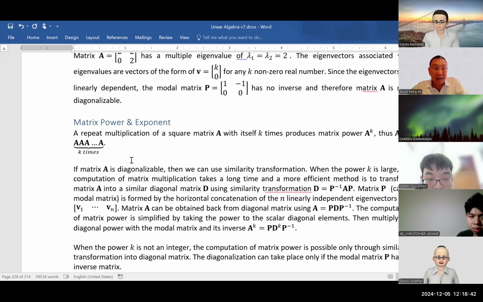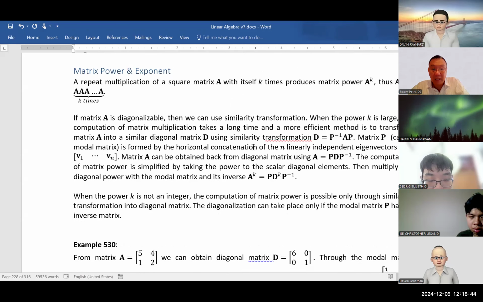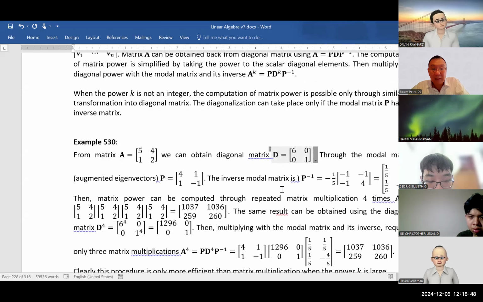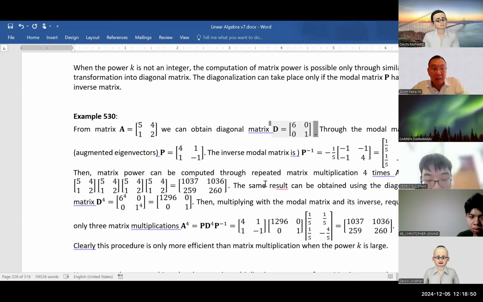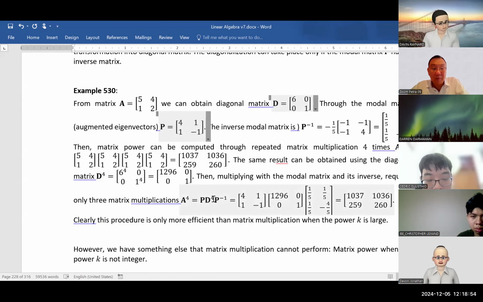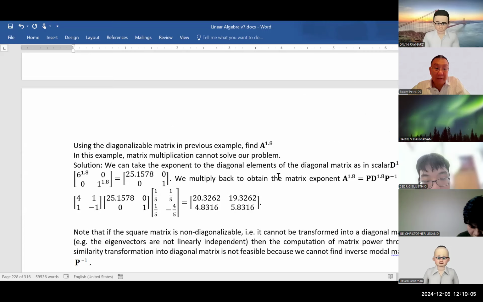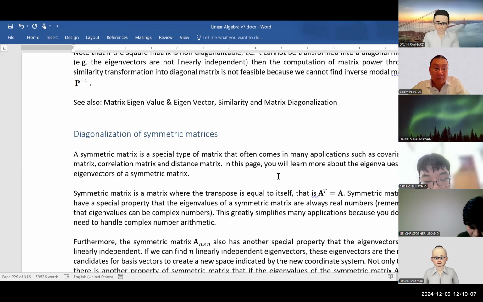These are examples of matrix power and exponent. Again, you can use the modal matrix to get diagonalization. After you get the diagonalization, you can form any function of the diagonal and then multiply that with the similarity transformation to get the function of A.